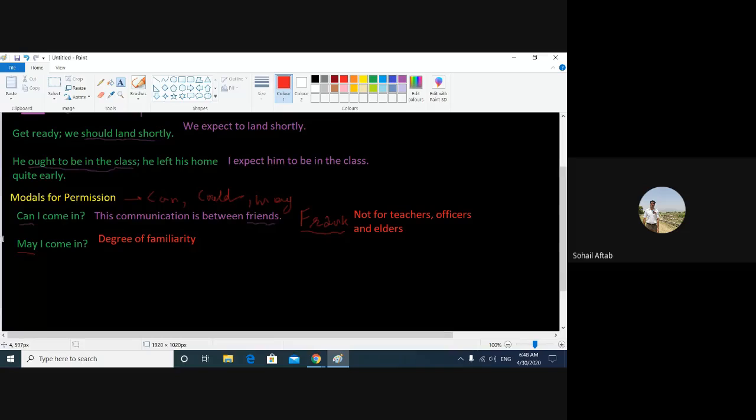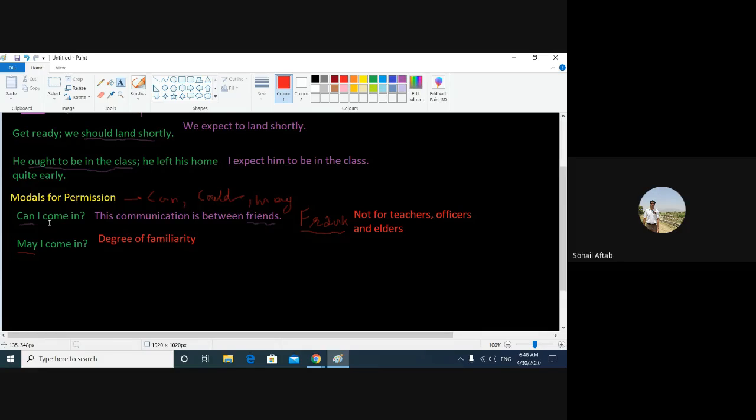When you talk to your friends or fellows or equals, you use can in your conversation for permissions. But when you talk to your elders, seniors, officers, teachers, strangers, you cannot use can here. Why? Because that's not the law, state law. But can can be offensive when you do not know a person and you use can.